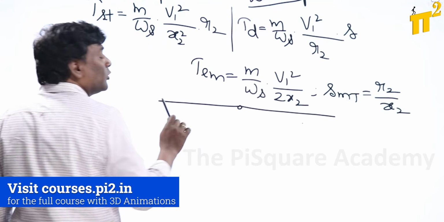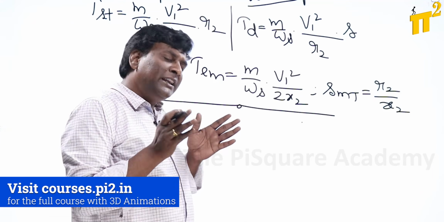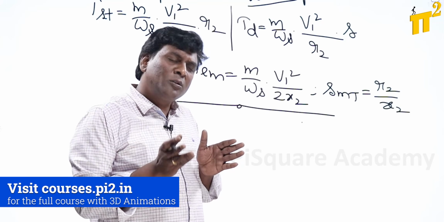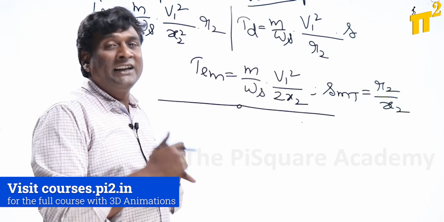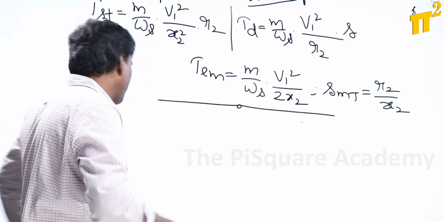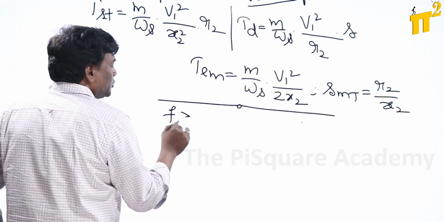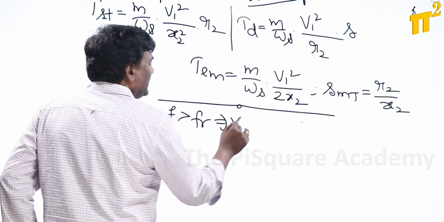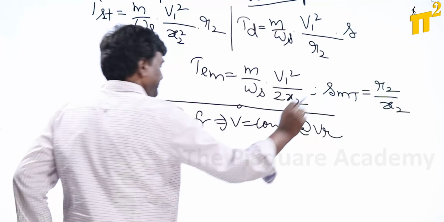Voltage cannot be increased but frequency can be increased. If operating frequencies are more than rated frequencies, then we cannot maintain the V by F ratio constant because voltage would have to be more than rated. Now coming to the point, when frequency is more than rated frequency, the voltage is going to be constant at rated voltage.